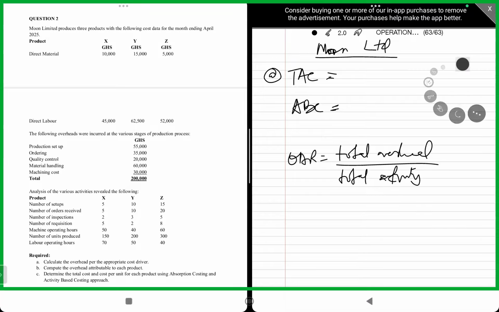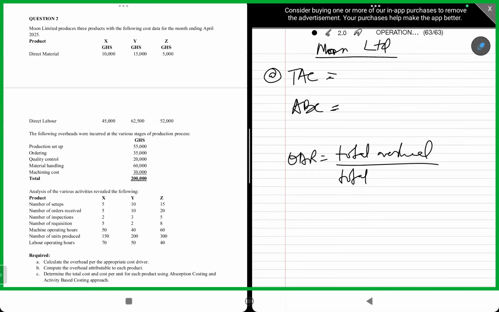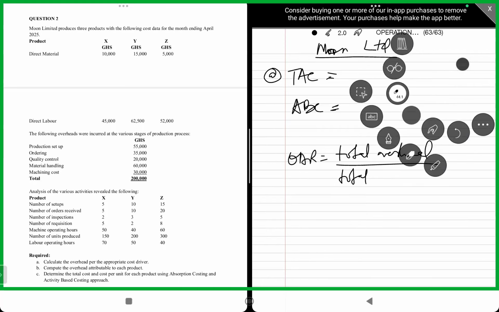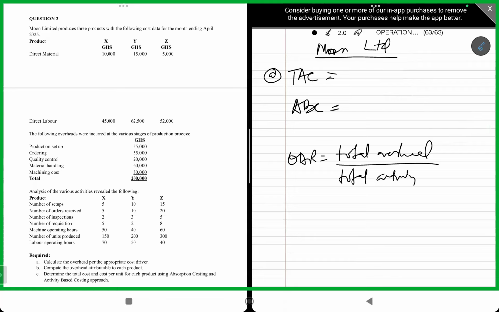So depending on the case we are dealing with, we would adjust the formula to suit it. For the other one, it's the budgeted production overhead over budgeted production units, but this is a general formula. So when we take it there, we adjust it to suit that circumstance. But it's a general formula.